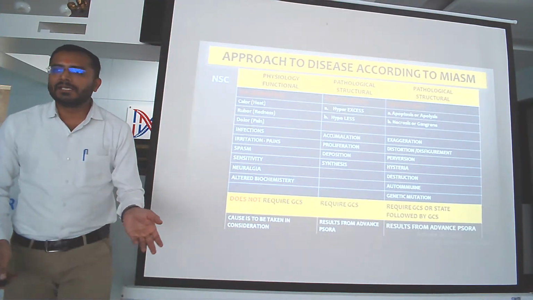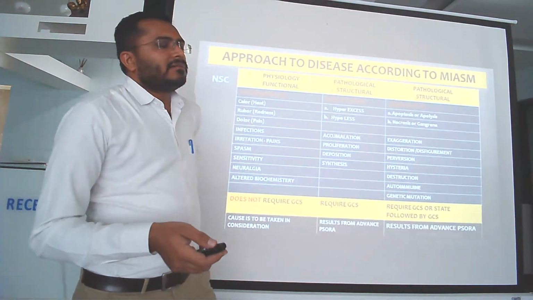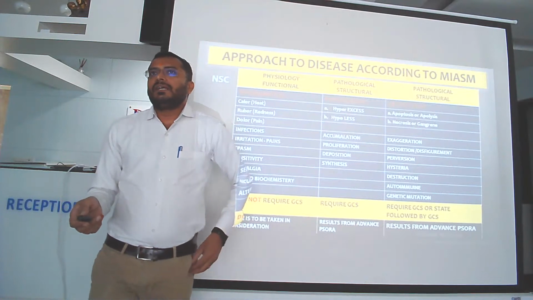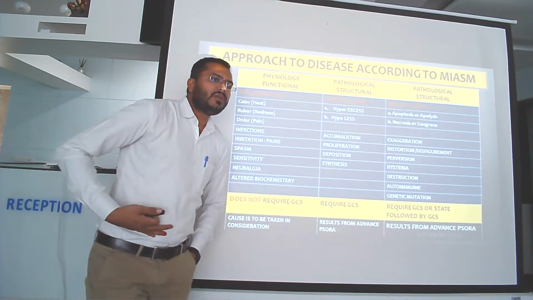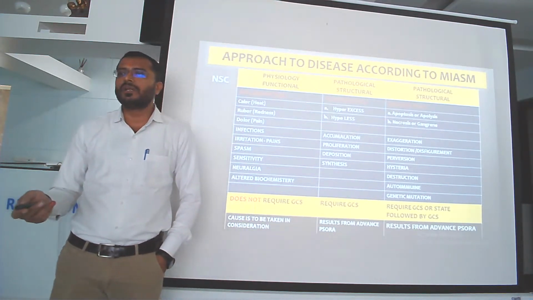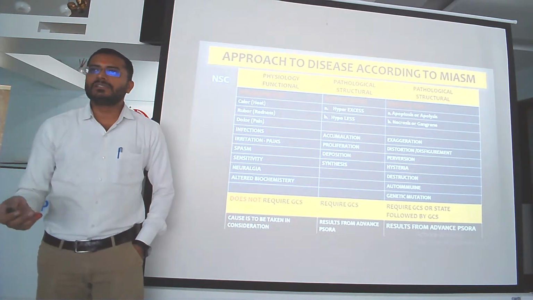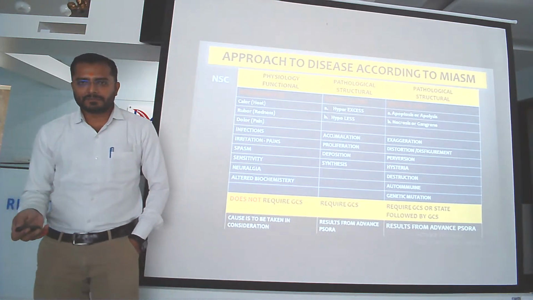So many a time we have most of the cases. I recently had a case of appendicitis. The case was a lady, and the lady had severe abdominal pain. I advised her to go for investigations, and she underwent a USG. In the USG, acute inflammation of the appendix was found.